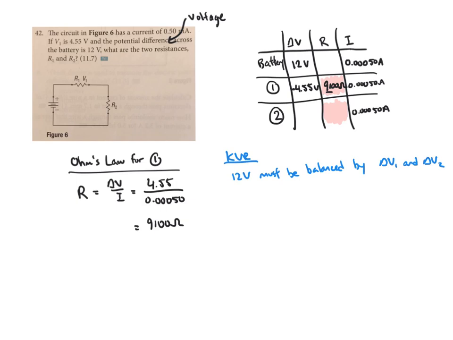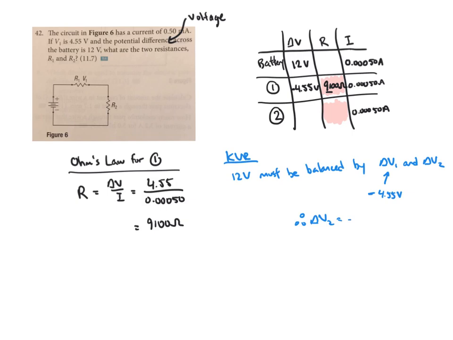And I know the voltage drop in 1 is negative 4.55, so that'll allow me to get the voltage drop in load number 2. So I'll just say therefore voltage 2 must equal, okay, so what combined with negative 4.55 makes negative 12?